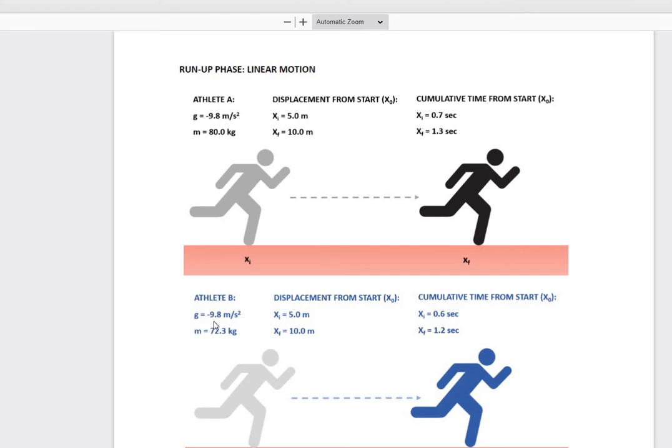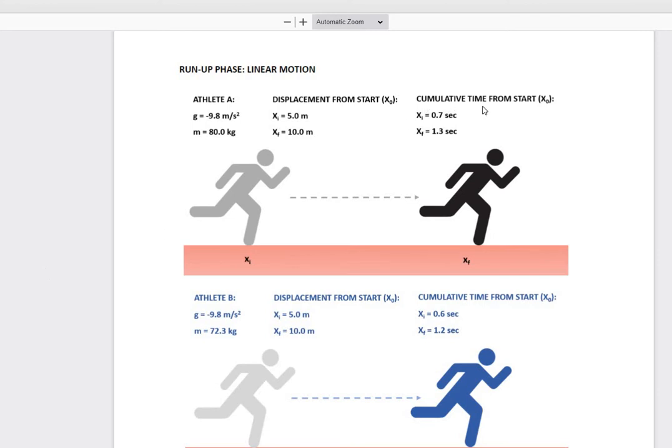The acceleration of gravity is constant, minus 9.8 meters per second squared, and each athlete here is moving between xi and xf, and they have moved originally from the starting point at xo. Xo is not presented, it's over here. It's the start point. So at xi they are at 5 meters, and at xf they are at 10 meters. So we can deduce from that then that the starting point xo was 0 meters.